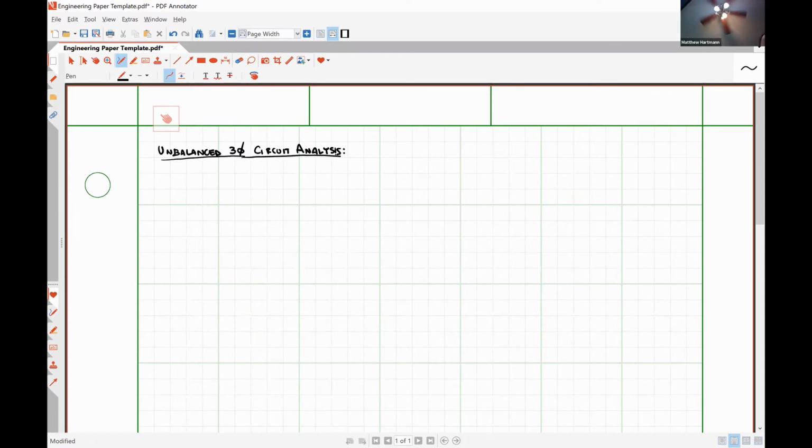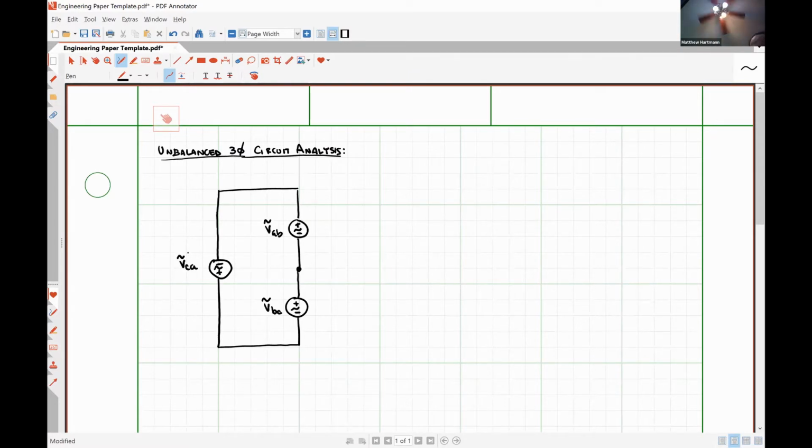And so the circuit in question here, give me a moment to draw things out. So we have a delta connected three-phase source.